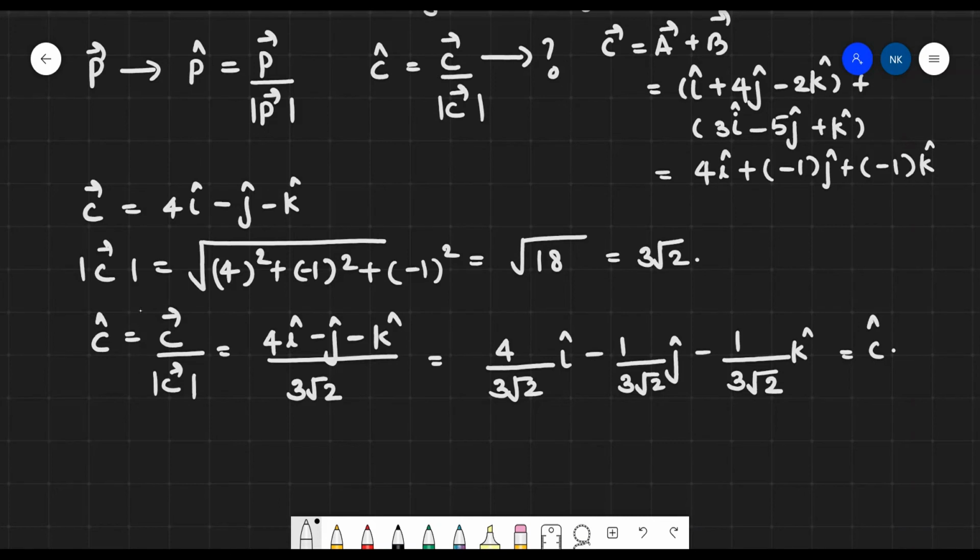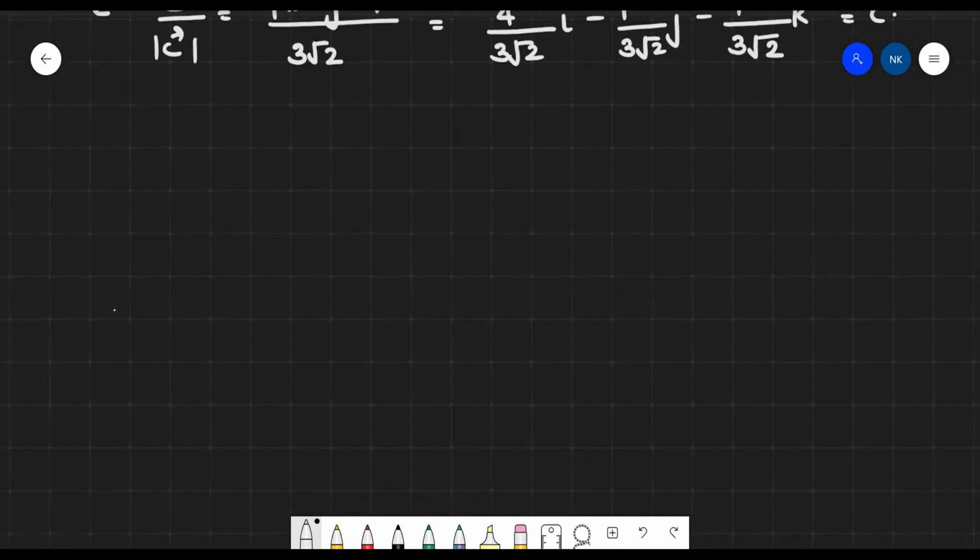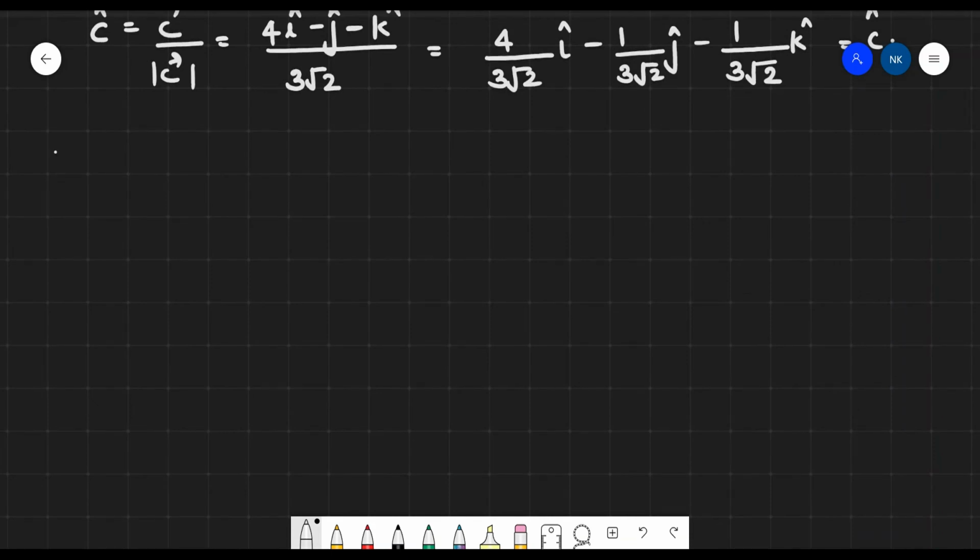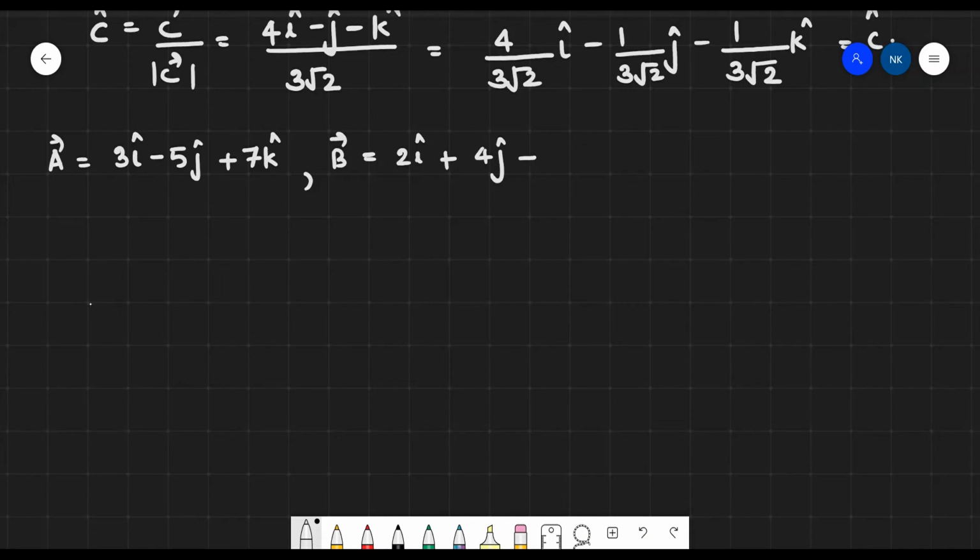Now our next question. मेरे पास एक वेक्टर है, vector A, it is given as 3 i cap minus 5 j cap plus 7 k cap, and B vector is given as 2 i cap plus 4 j cap minus 3 k cap, and the third vector is given as x vector.